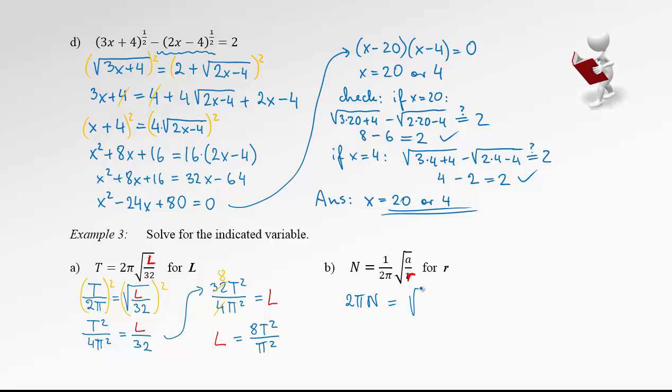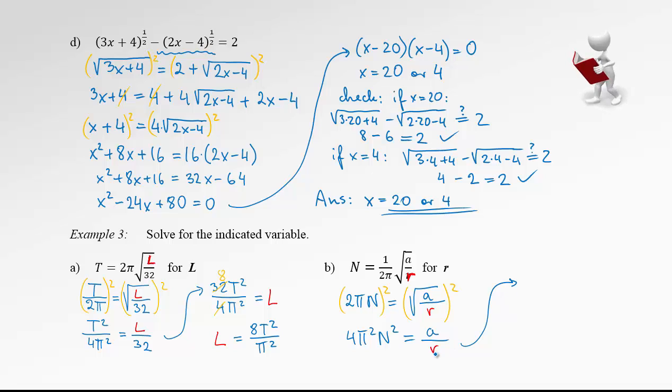And then on the right-hand side we still have root of a over our favorite r. Now to get rid of the radical we need to square both sides of the equation, right? And we end up with 4 pi squared n squared on the left-hand side. The root is gone and the right-hand side becomes a over r.